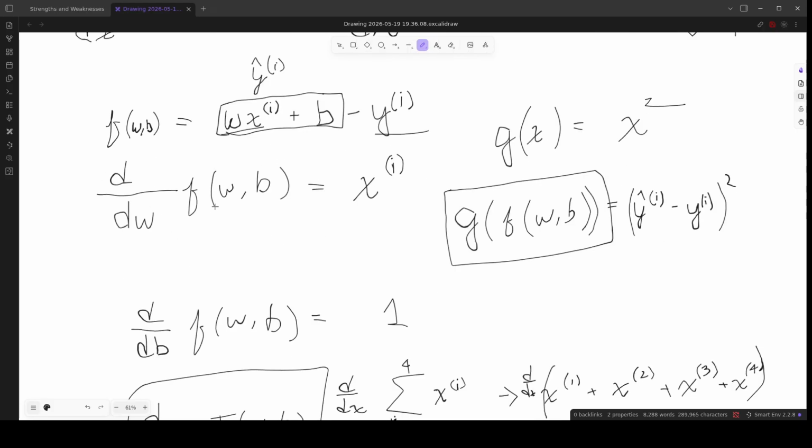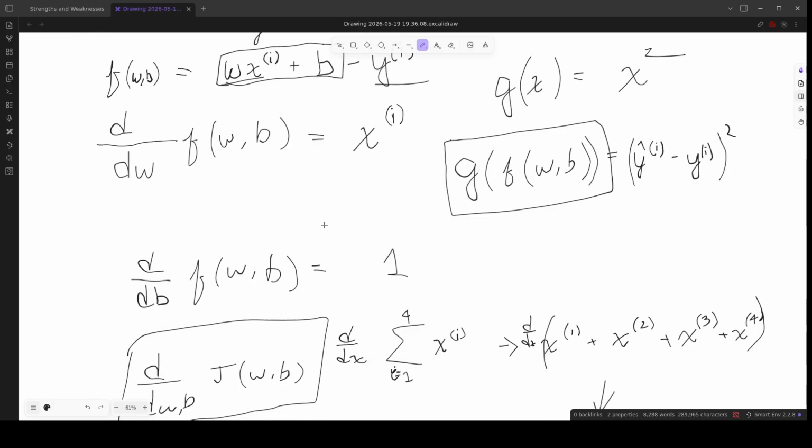First, let's find the derivative of f of wb with respect to w. b is a constant and yi is also a constant, so we will not count both of those in the derivative, and xi will define the slope of the line, so xi will be the derivative.